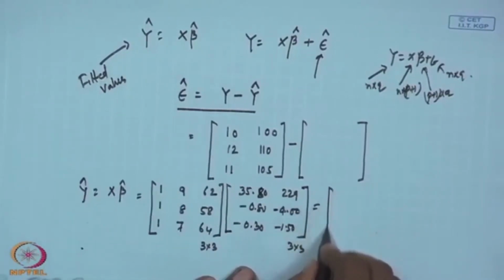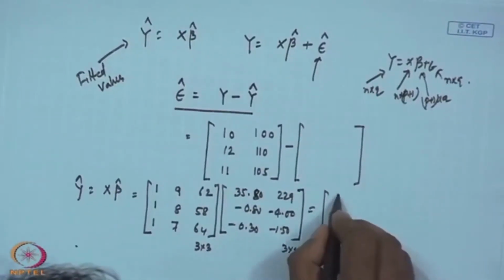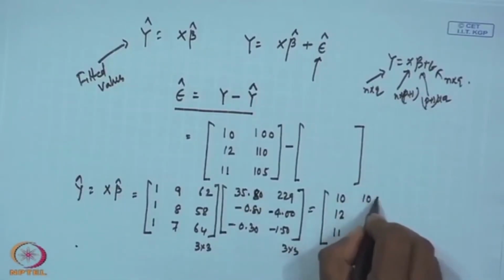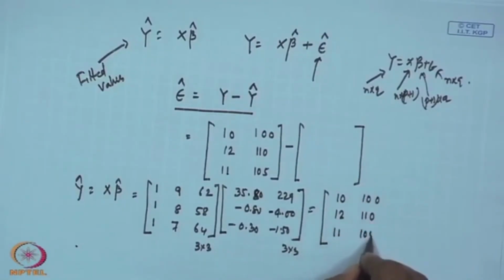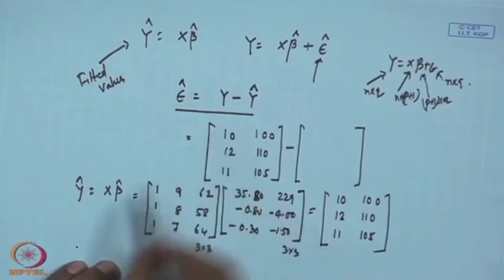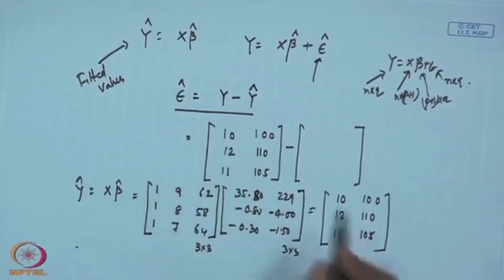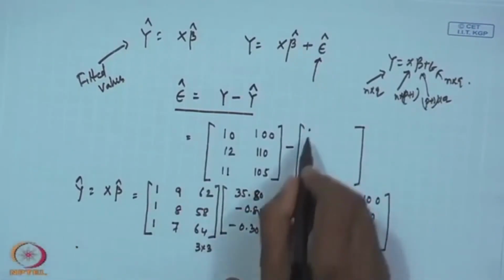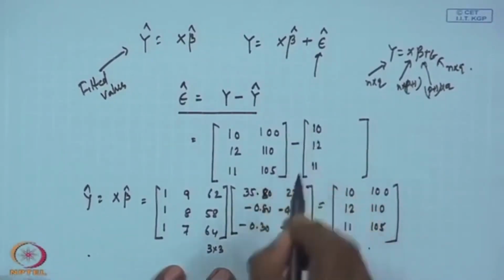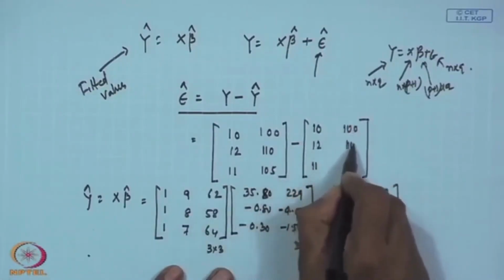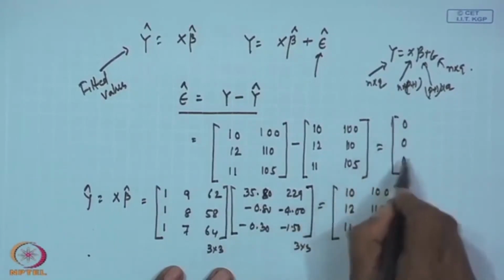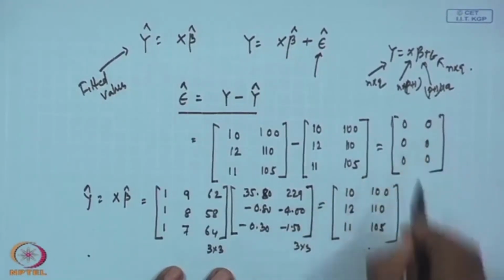Ultimately, if you write down this, surprisingly you will find 10, 12, 11, 100, 110, 105. You are getting exactly the same values of y, so the errors are 0, 0, 0, 0, 0, 0.